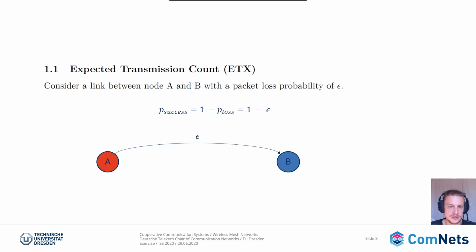So again we have a node A that sends a message and a node B that receives a message. So normally in wireless media, a receiving node would acknowledge the reception of the message or the successful decoding of a message. In Wi-Fi, this is done via directly answering to the successful decoding of a message with an acknowledgement message, an ACK.